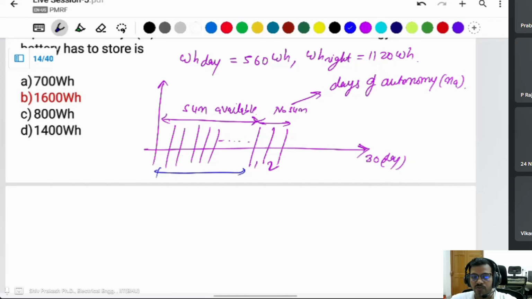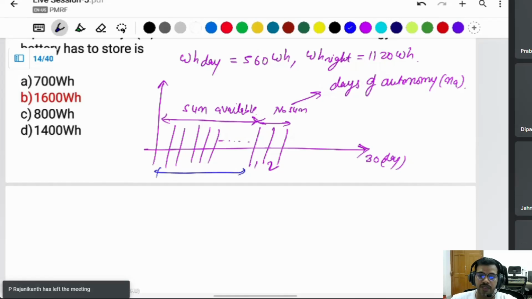How long to fully charge the battery, in a day, or 2 days, or 3 days, or 5 days, depends on your solar panel. If you take a very large solar power, you can charge the battery within a day, but it will be very costly according to the load requirement.